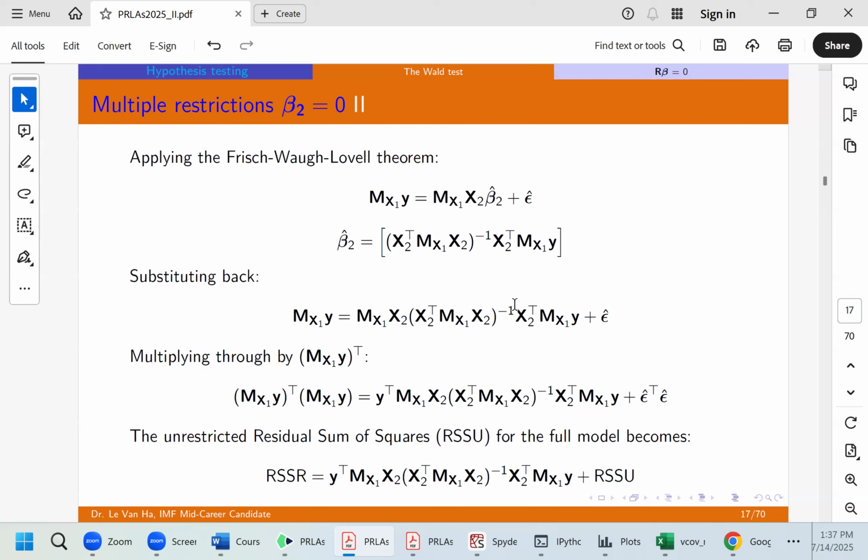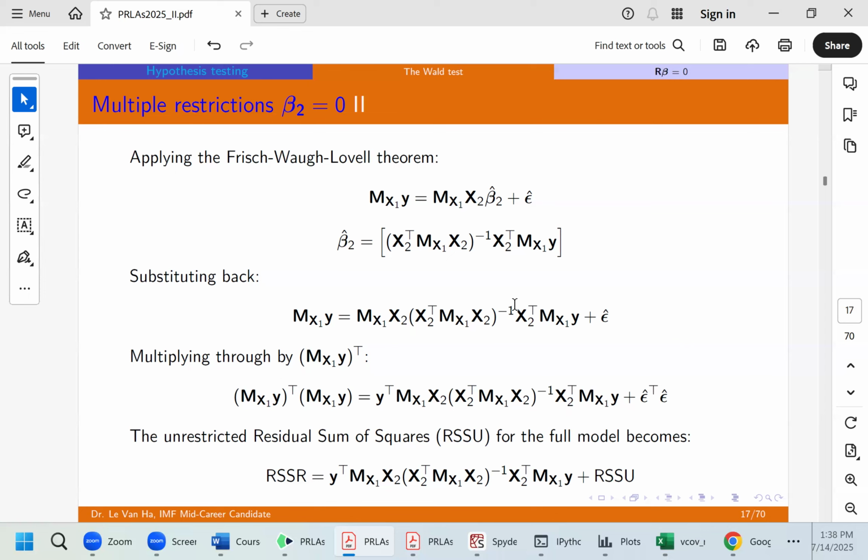So the residual sum of squares of the restricted model will be equal to this component plus the residual sum of squares of the unrestricted model. So this one is epsilon hat 1 transpose epsilon hat 1. Here is epsilon hat transpose epsilon hat.